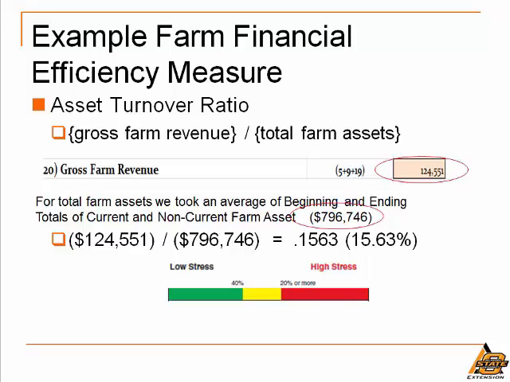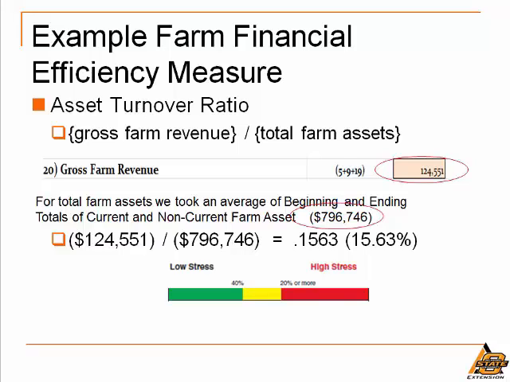In situations like this, the denominator of the asset turnover ratio calculation is a very large number due to the non-ag influence on the balance sheet values. This results in a relatively low asset turnover ratio when compared to industry benchmarks.